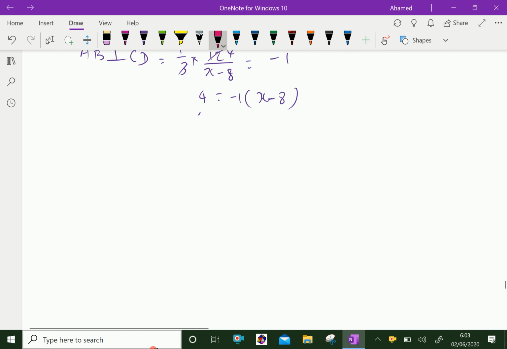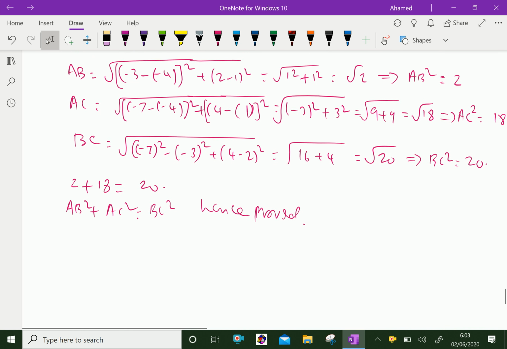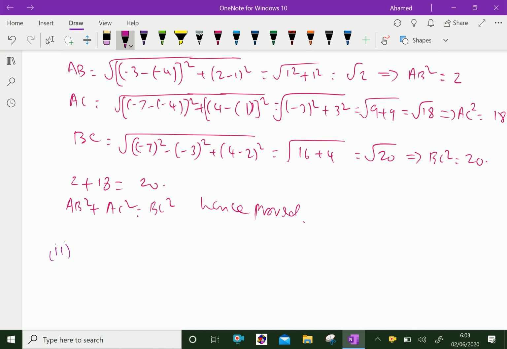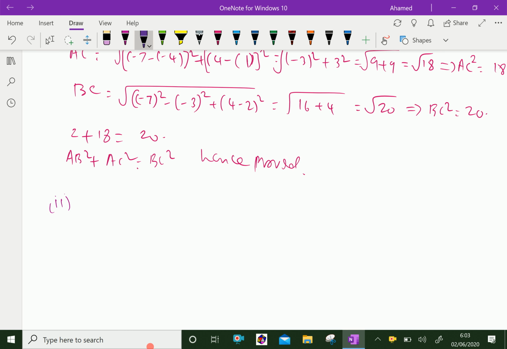Now, next LM, slope of LM is y2 minus y1, that is 12 minus 5, over x2 minus x1, 9 minus 0, which is equal 7 over 9.